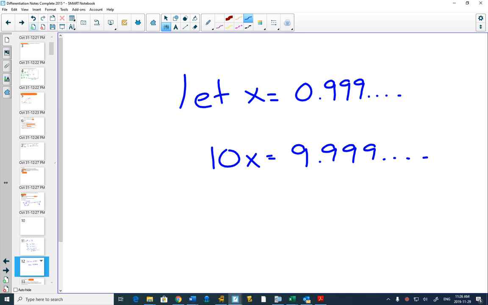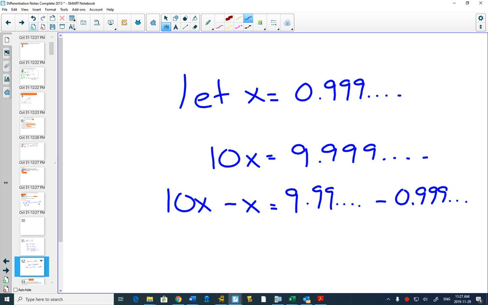Then on the left side, I'm going to subtract x, and on the right side, I'm going to subtract the number, because x is equal to 0.9 repeated. What's 10x minus x? 9x. And on the right you just get 9. Divide both sides by 9. And what's x equal to? 1. But what did I start with? x was equal to 0.9 repeated. So x is equal to 1. They're the same.